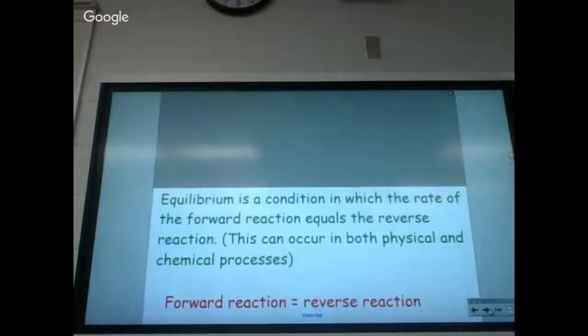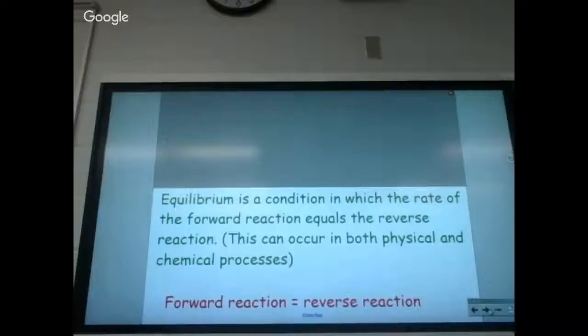So we're going to talk about balanced equations, a forward reaction and a reverse reaction. In order to have equilibrium, the 2 rates have to be what? Equal.